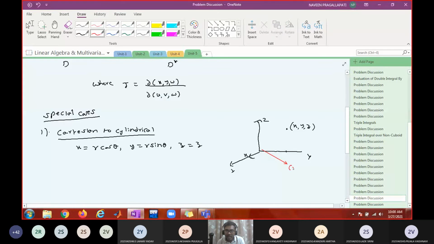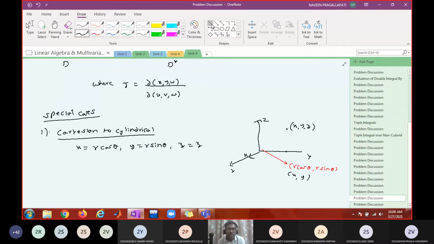This point is r cos theta comma r sin theta. Previously this point is nothing but x comma y, x equals r cos theta, y equals r sin theta.